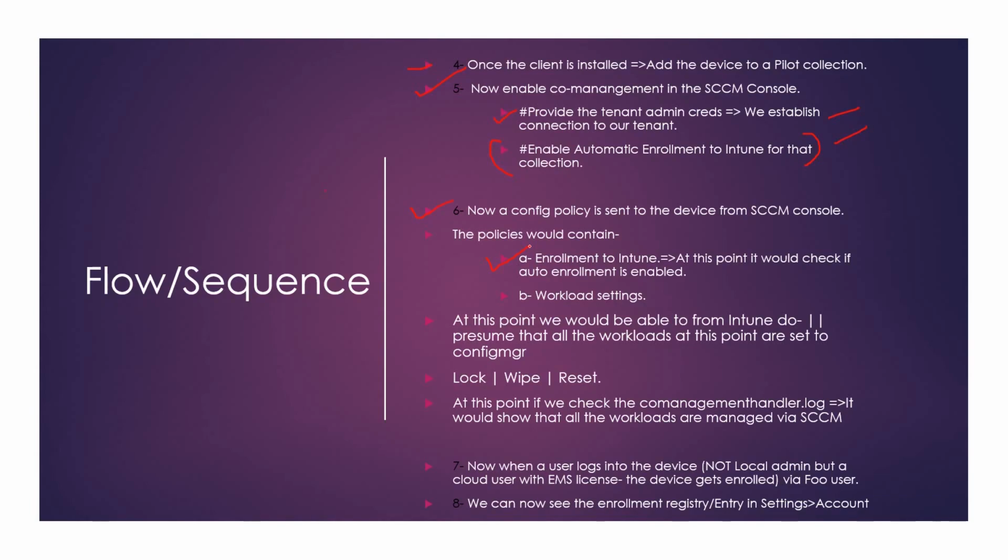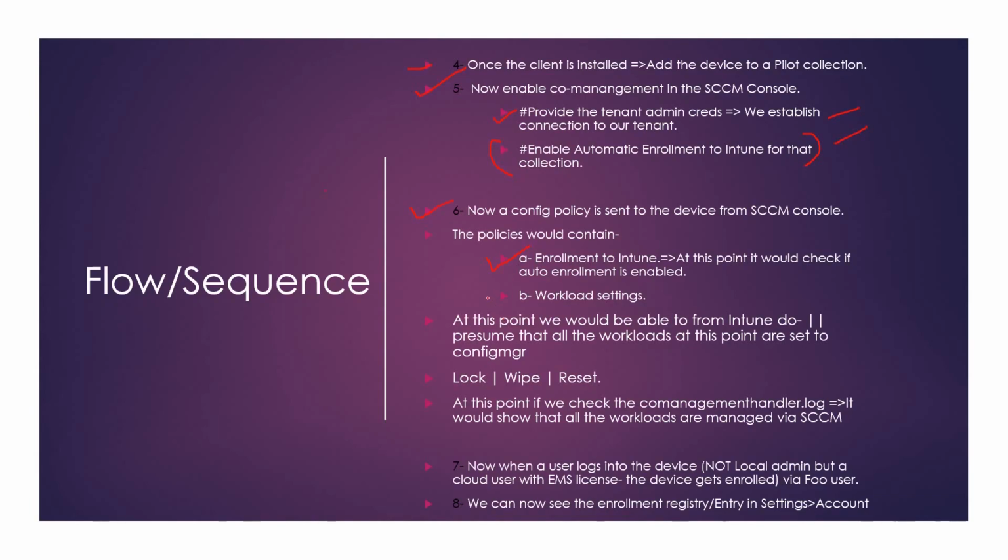So this policy is going to tell the device that now you need to get yourself enrolled to Intune. Okay. So how does the processing happen at the backend? How exactly does the device get enrolled to Intune? We will talk about that later. But the device gets enrolled to Intune at this point of time.